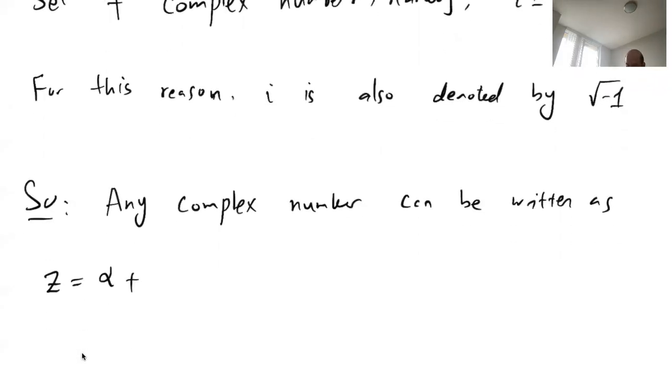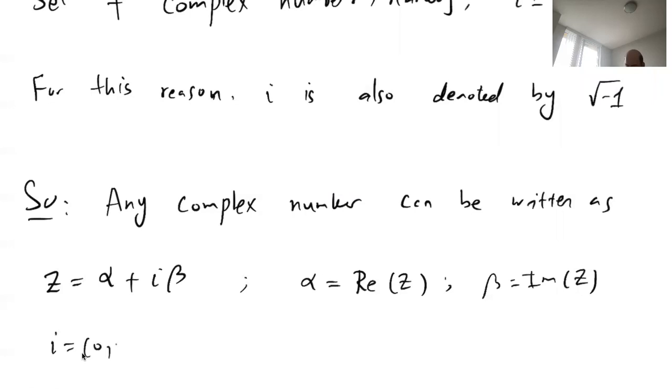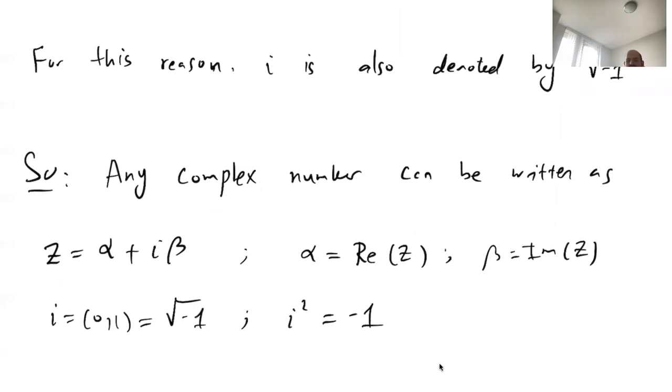Z equals alpha plus i beta, where alpha equals the real part of z, beta is equal to the imaginary part of z, and i is equal to (0, 1) equals root -1, and i squared is -1. So this is basically what we have said so far about complex numbers, that any complex number can be written in this form, and these are the basic notations and properties of complex numbers.